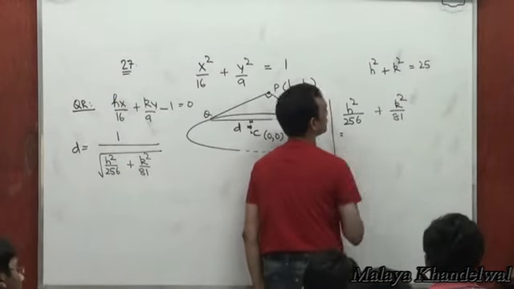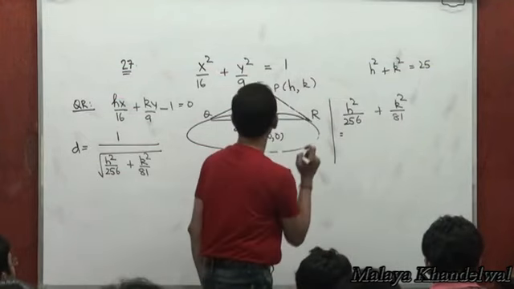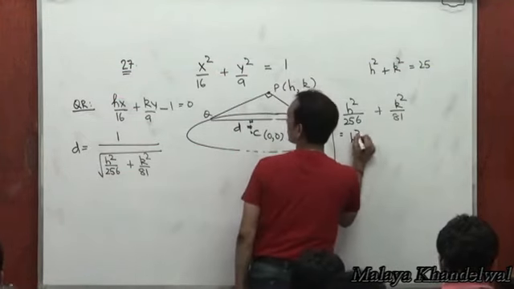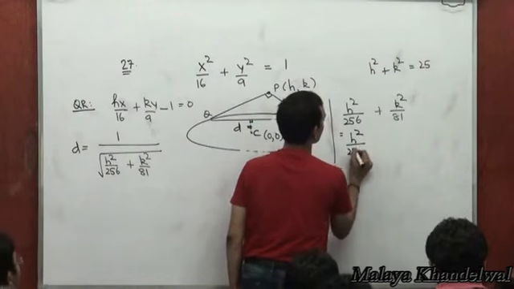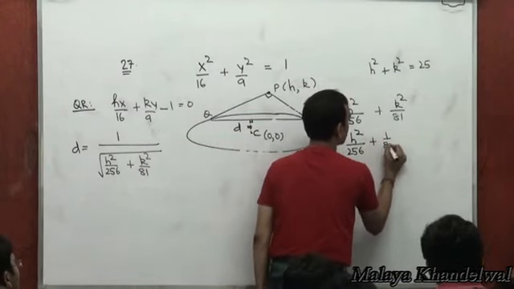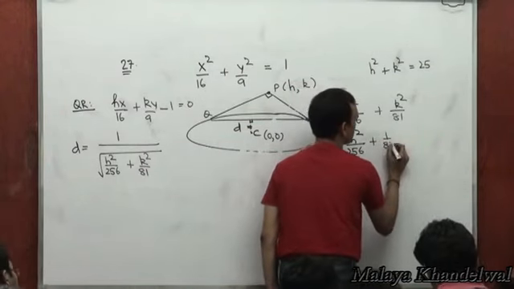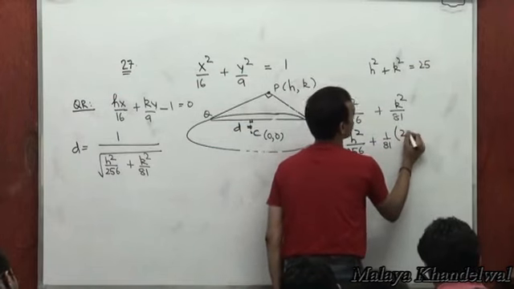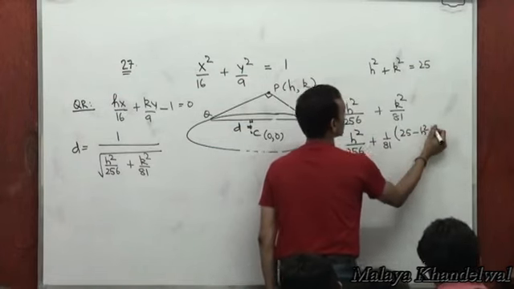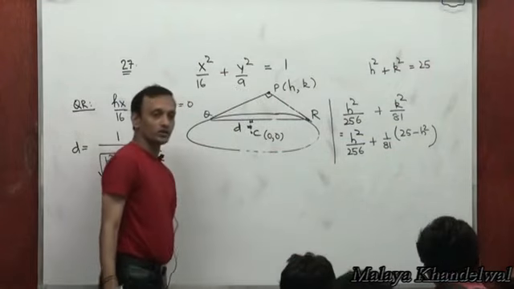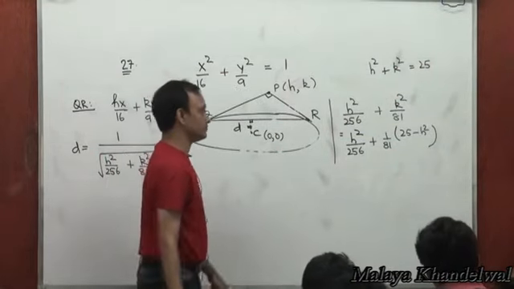Now this I could write as h squared by 256 plus 1 by 81, k squared, which is 25 minus h squared. We want this to be the least it could be.